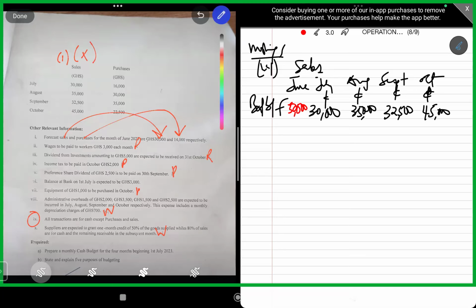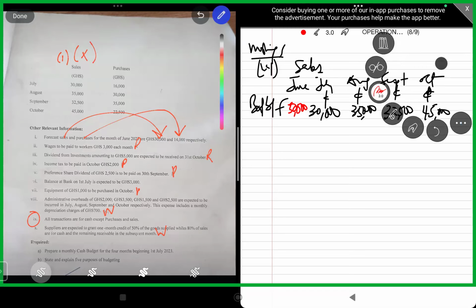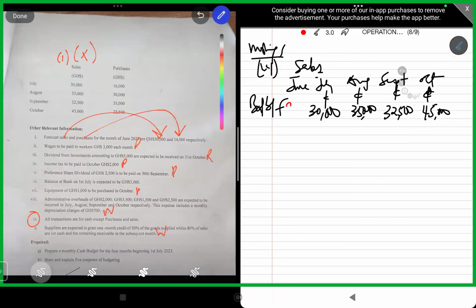In June, the red ink, is it 50 you've written or 30? 30. Okay, so 30,000. So we are done with the I, which is in connection with sales.